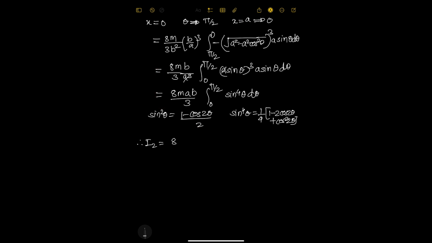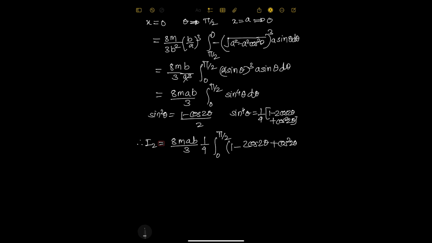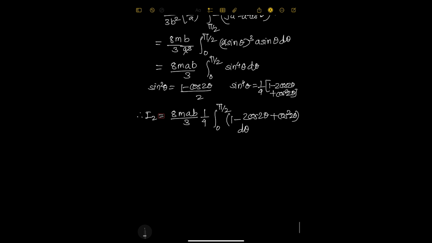Therefore I2 can be written as 8mab divided by 3, 1 by 4, 0 to pi by 2, 1 minus 2 cos 2 theta plus cos square 2 theta into d theta.